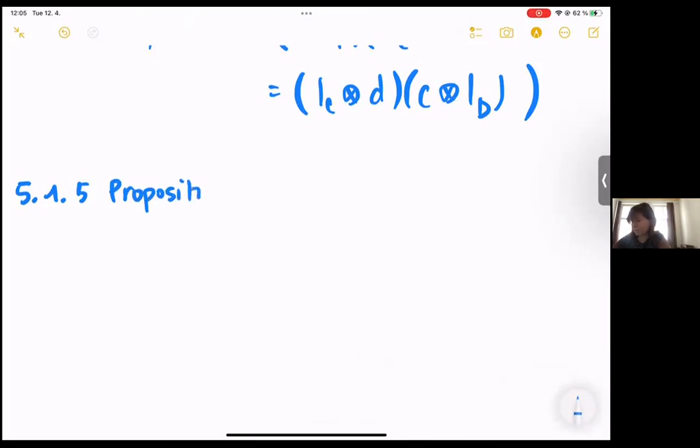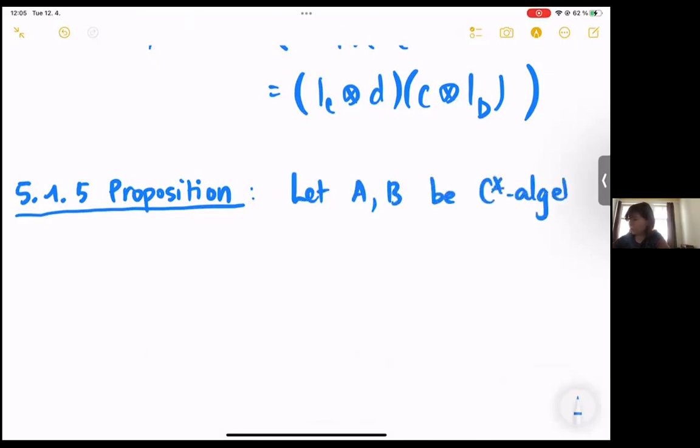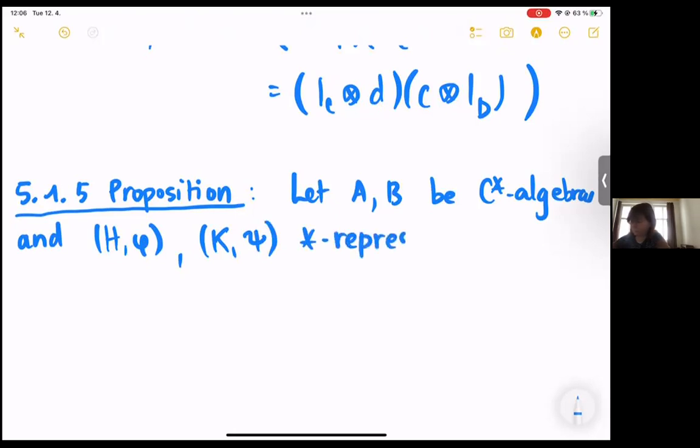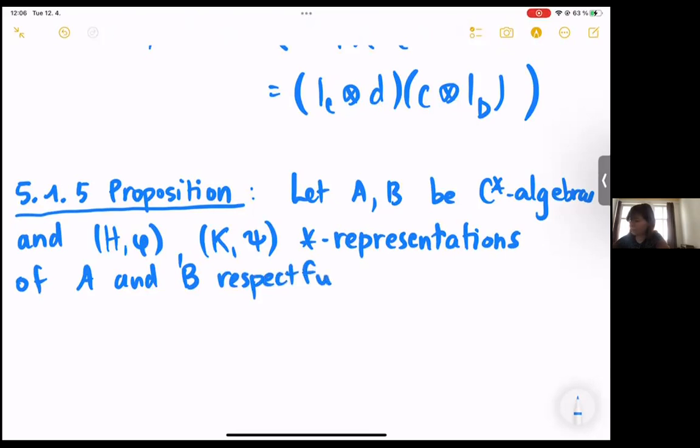Proposition. Take two C-star algebras and representations of those C-star algebras. Then what we want to do is find a representation of the tensor product.